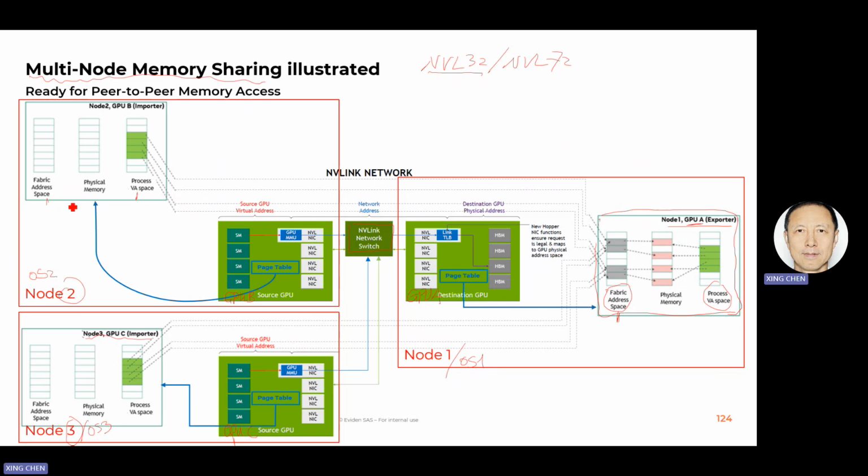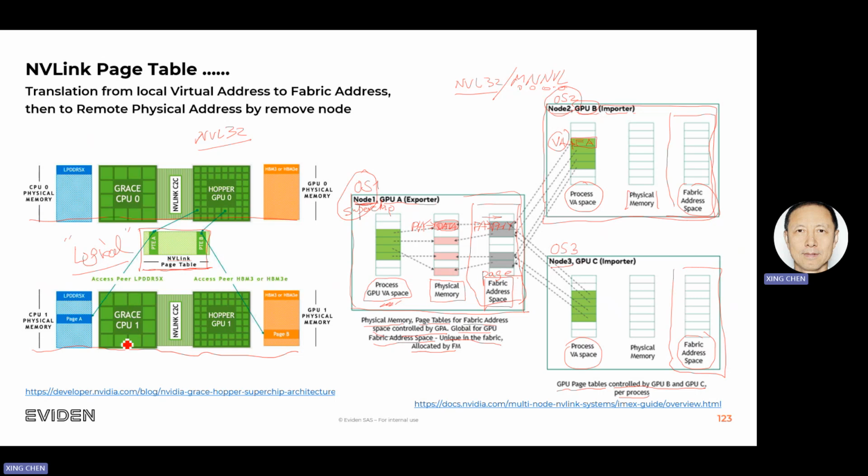Oh, sorry, this one, and this one, and collectively, we can think that this fabric address space page table works as a logical global NVLink page table, but it is distributed.